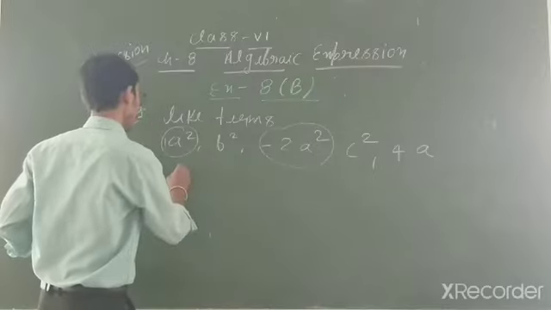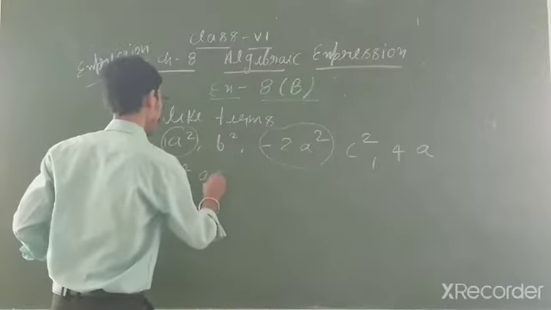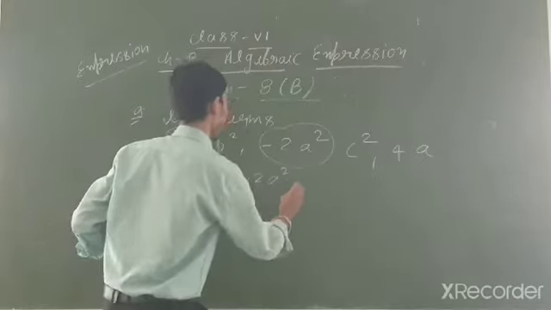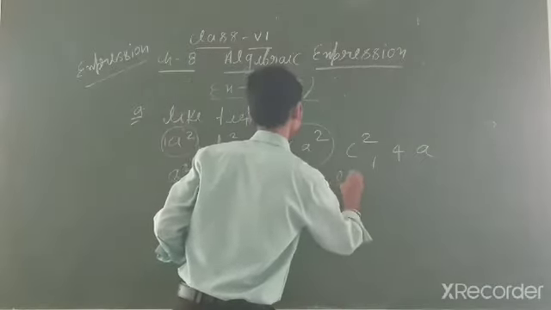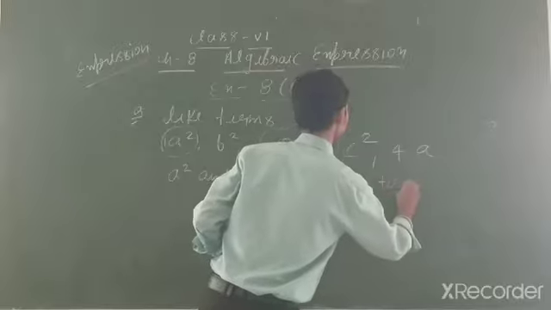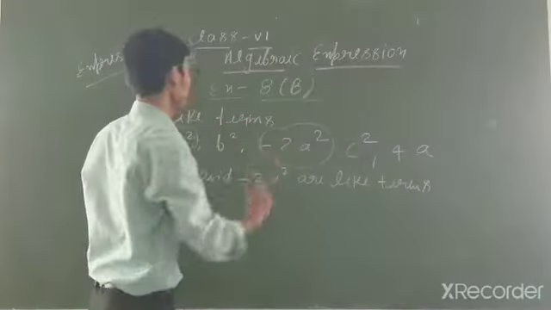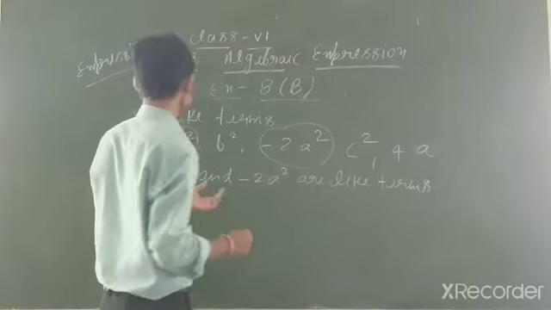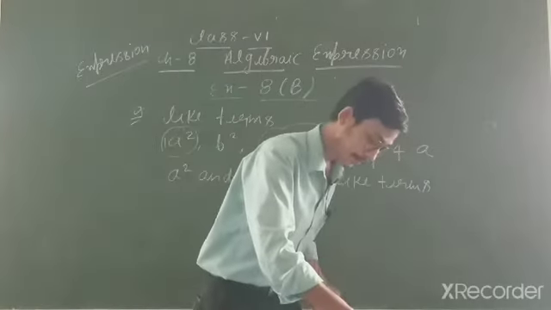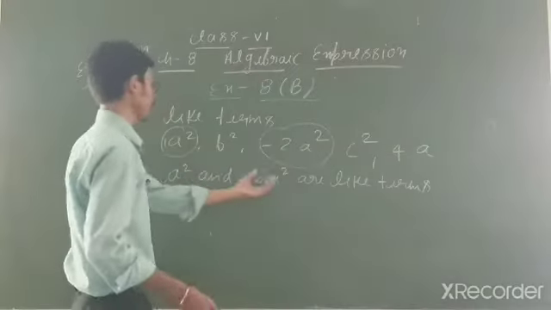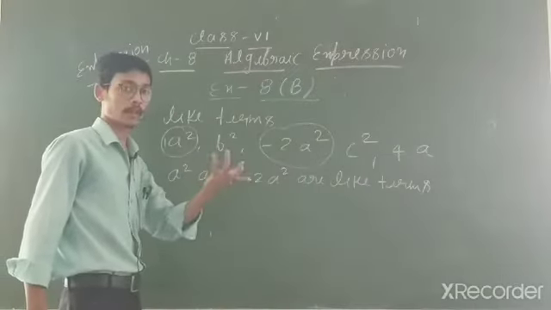You can write down: a square and minus 2a square are like terms. Why? Because the variables are the same. Clear? Similarly, you can find whether anything else is common. Nothing else is common.